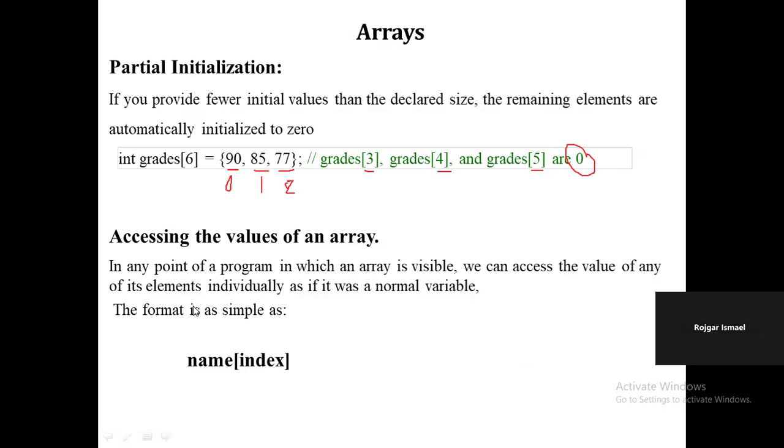So at this point of a program, the array which should be visible, we can access the value of any of its elements, as I said before, individually, as if it was a normal variable. So the format will be the name of the array.